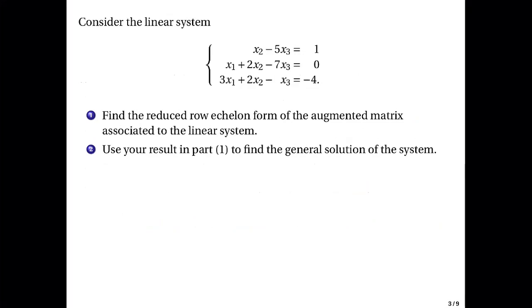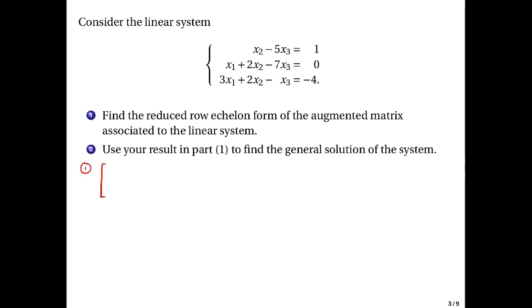Now let us consider the linear system given by this. First, we want to find the reduced row echelon form of the augmented matrix associated to the linear system. Second, use your result in part 1 to find the general solution of the system. We start with the augmented matrix.